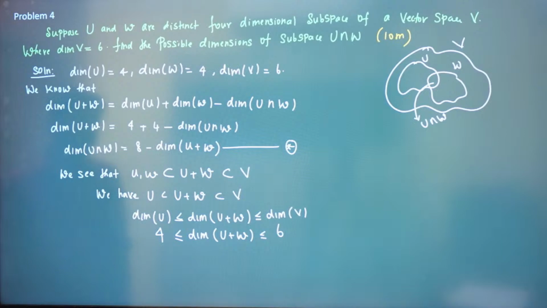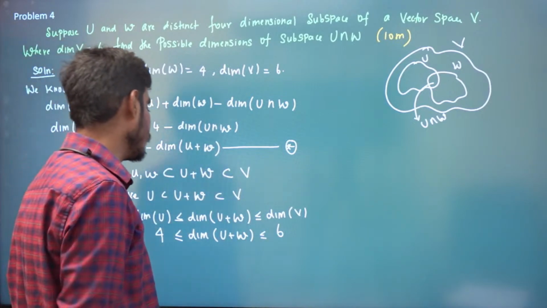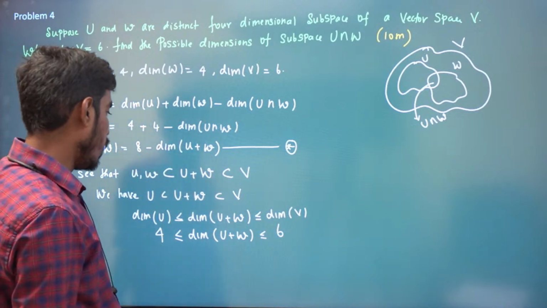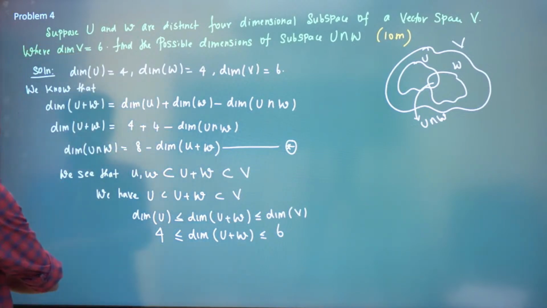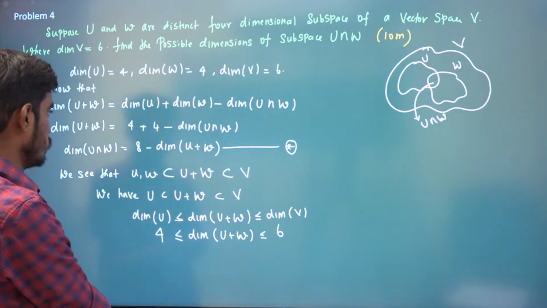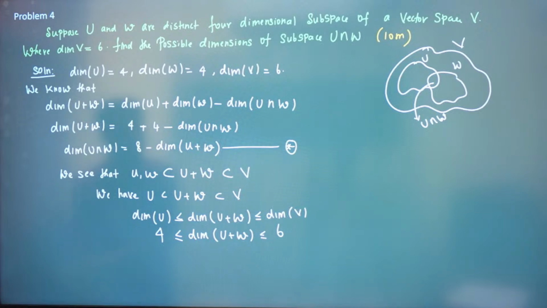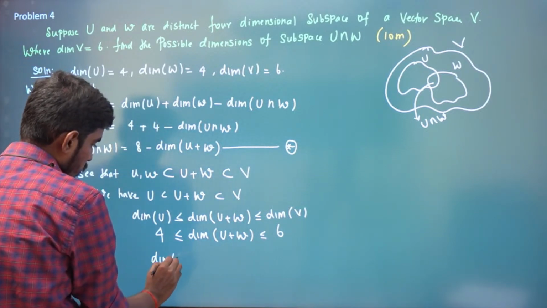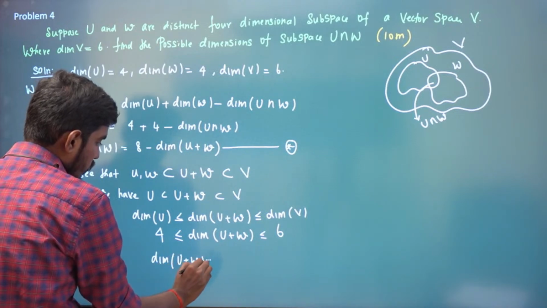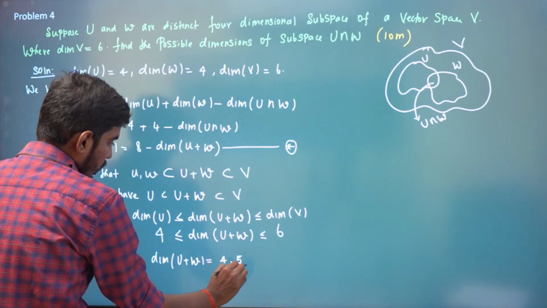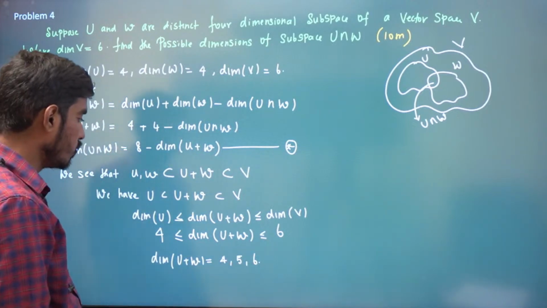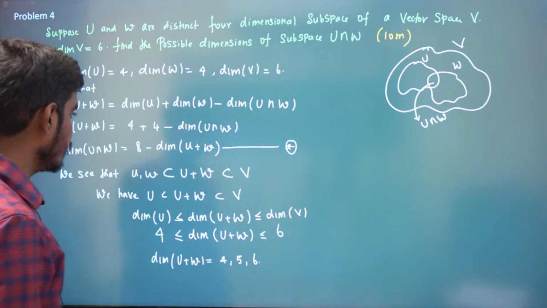Right? So the dimension of U plus W can be 4, or it can be 5, or it can be 6, right? The dimension of U plus W can be 4, 5 or 6.